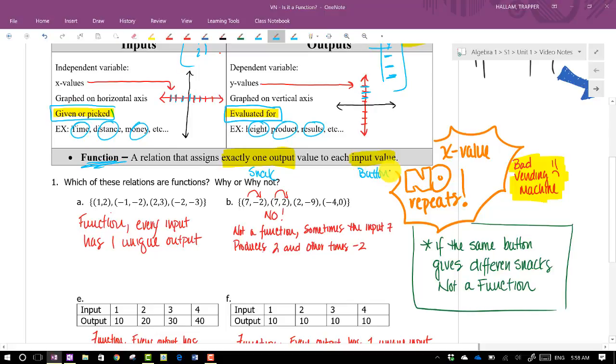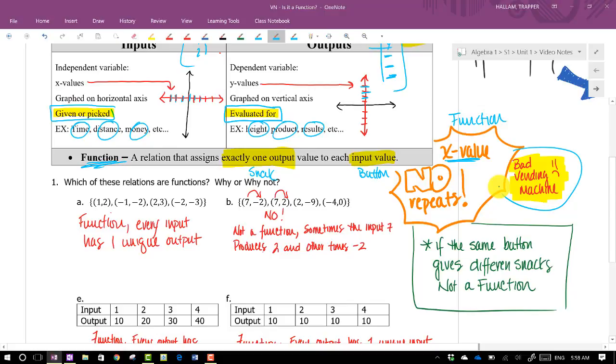So when I press some buttons, I better get that snack, and it can't give me some different snack. What that translates to for us in functions is that there are really no repeated x values. If they're repeated, that's usually an indicator that it's not going to be a function, that it's going to be a bad vending machine. So let's see that in action.